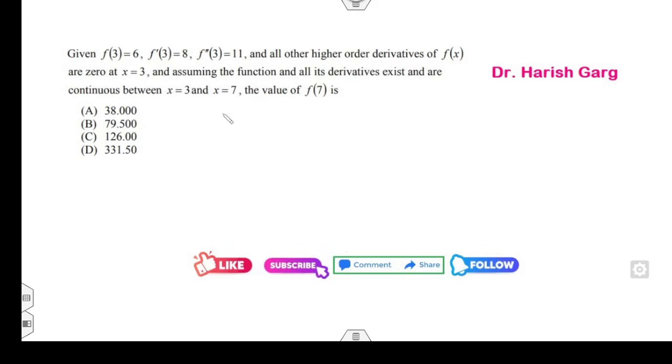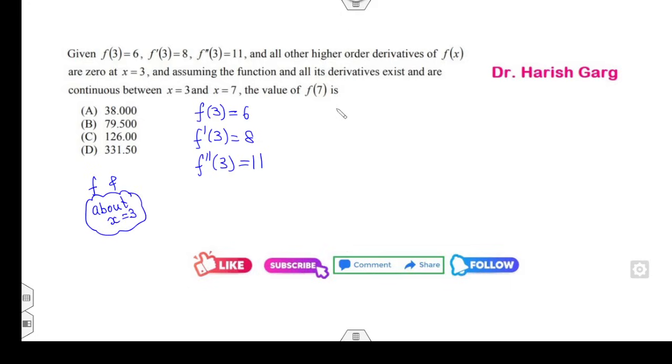Okay, look at this another one. F of 3 is given. F dash of 3 is also given. F double dash of 3 is also given. You can see all the derivatives and the function values are taken about x is equal to 3. So that means my target is to apply the Taylor series about the point 3, so x plus 3.